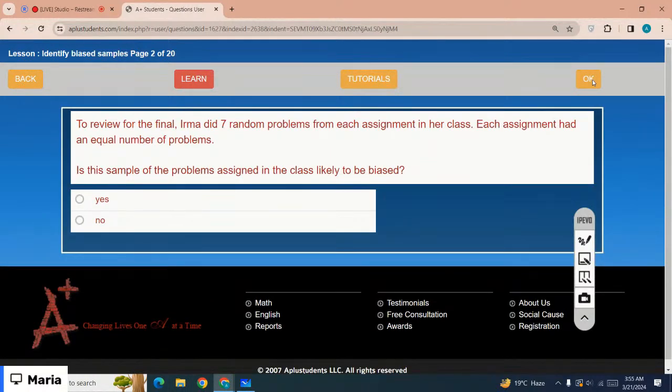Okay, the next one is to review for the final. Irma did 7 random problems from each assignment in her class. Each assignment had an equal number of problems. Is this sample of the problems assigned in the class likely to be biased? So, which is the correct option?